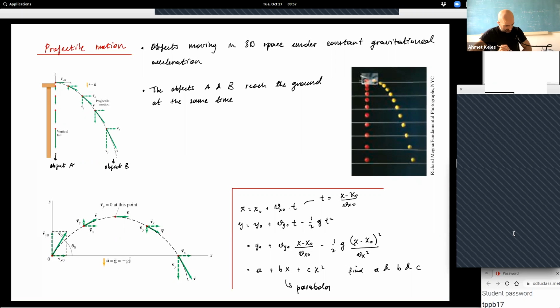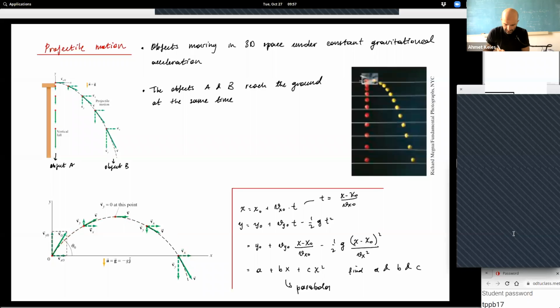One last thing before I move on to one more topic. I told you projectile motion is a parabola, and actually we are in a position to show this. You can write the x and y components of this motion.